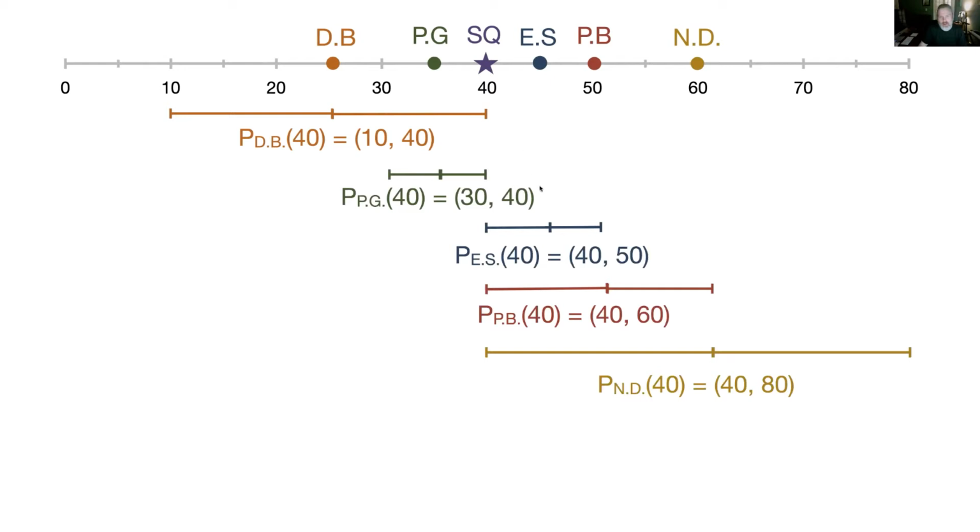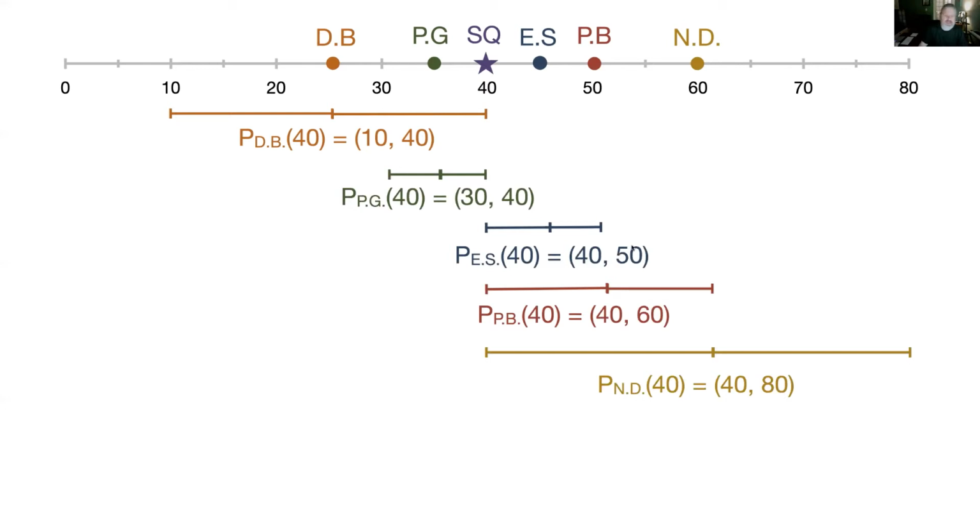Okay? So I can see here that everything between 40 and 50 has 1, 2, 3 people who prefer it. But when I cross over onto 50, once I get to 50, 50 no longer has 3 people who strictly prefer it. Phoebe Bridgers strictly prefers 50 to 40. Nick Drake strictly prefers 50 to 40.